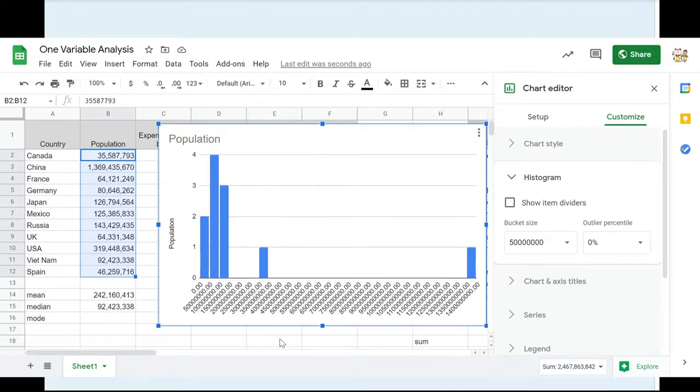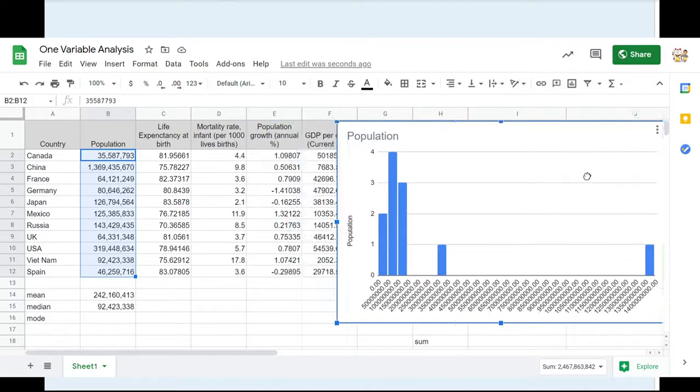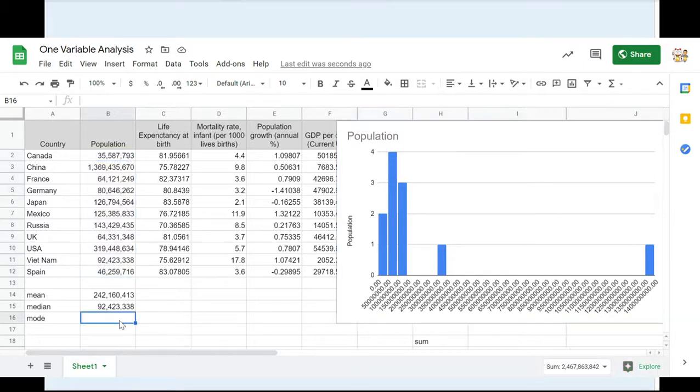So we can see here, going back to our chart, that the modal interval, based off of this interval size, is from 50 million to 100 million. Right, so the mode, I would just say 50 million to 100 million, and we have 4 countries.